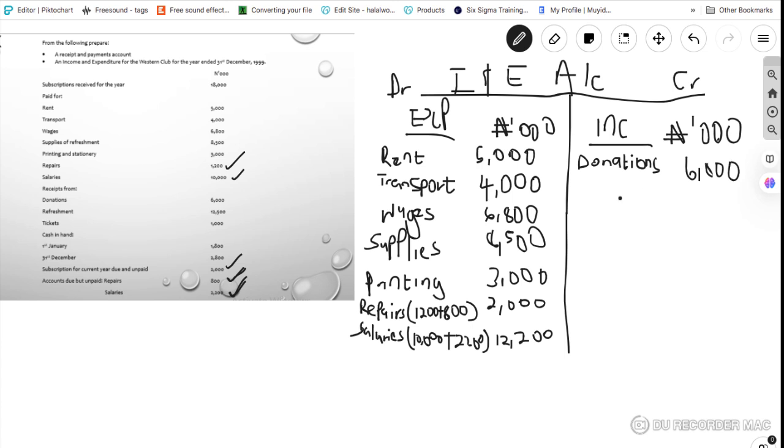We have refreshment, so the money that we receive for refreshment, we have 12,500,000.